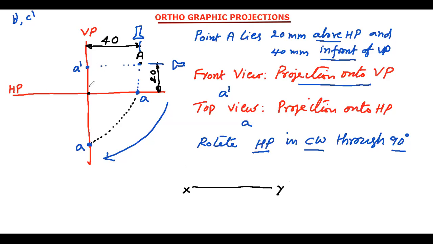From this reference plane, where does the front view lie? At a height of 20 mm, because this distance is also 20. So at a height of 20 mm, you have the front view, which I am drawing as A dash, and this height is 20.